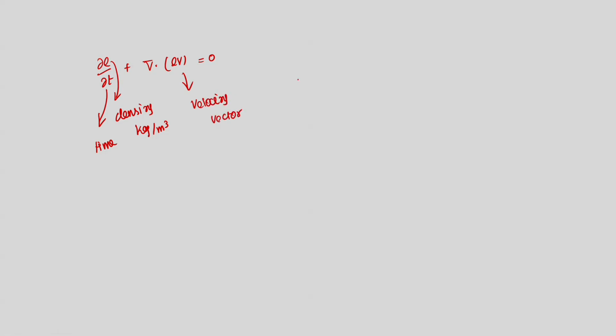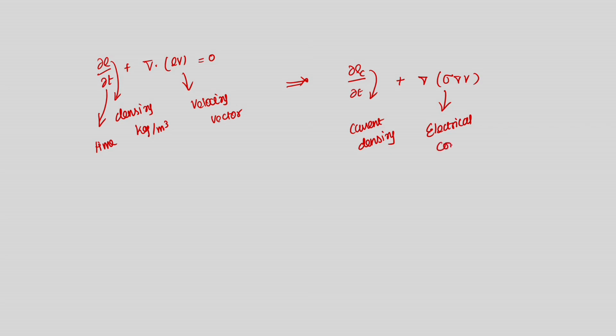If you write the same principle using ohmic heating, this is nothing but dou rho c upon dou t. This is the current density here, plus grad sigma grad V. Sigma is the electrical conductivity, which is in Siemens per meter, and V is the electrical potential, which is nothing but the voltage here.